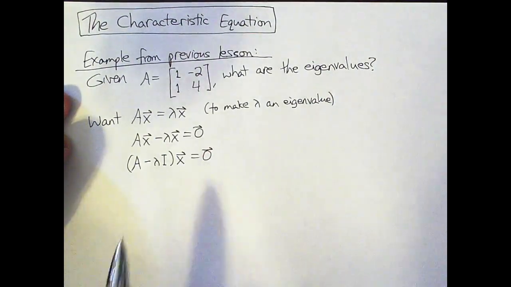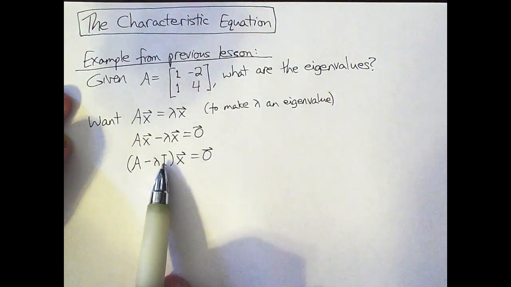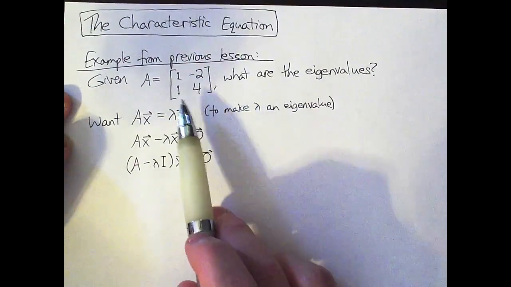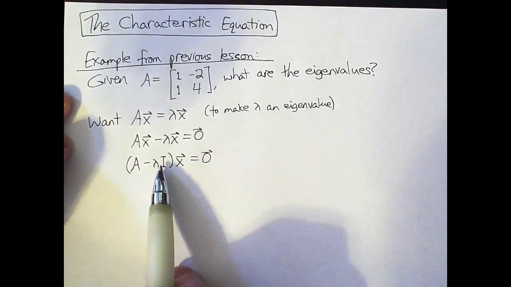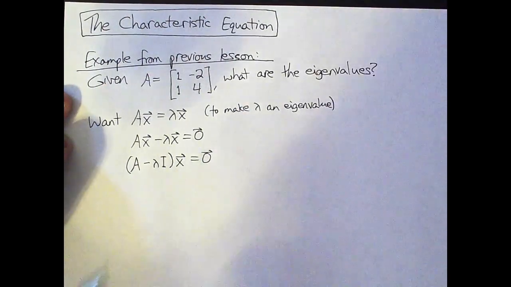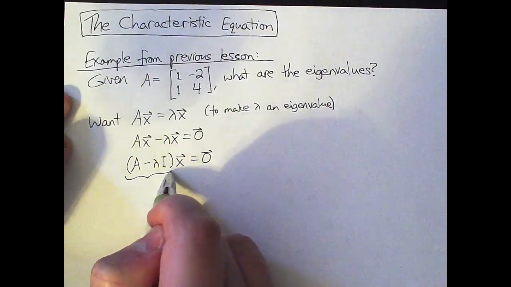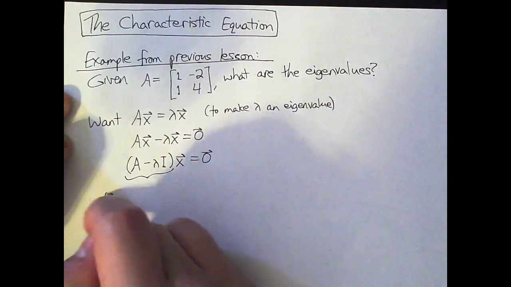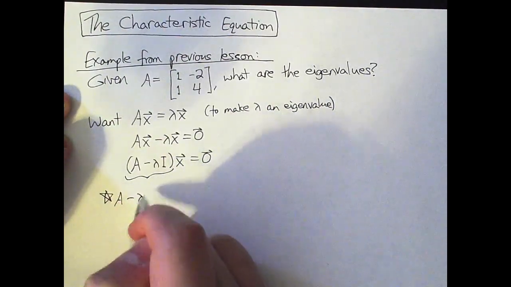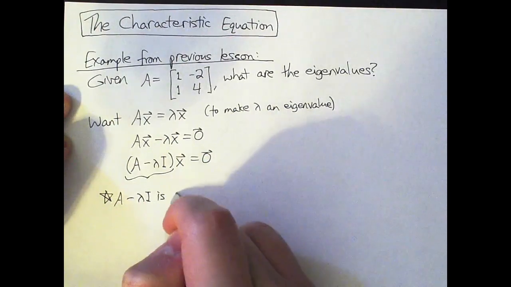All right, we did this last time, and A minus lambda I is something that we can figure out because we know what A is, and we want to find out what lambda is, but we know what I looks like. So let's just focus in on this part, and let's say A minus lambda I is a matrix.